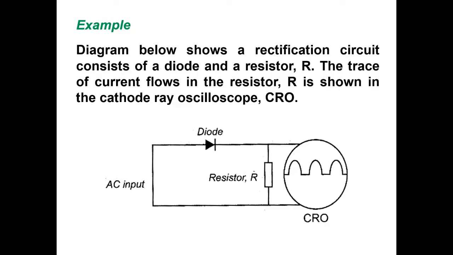This one is half wave rectification because only one diode is used. The resistor here is the output through the CRO. We can see the pattern of the half wave rectification current. This is DC current because current flows in one direction only.